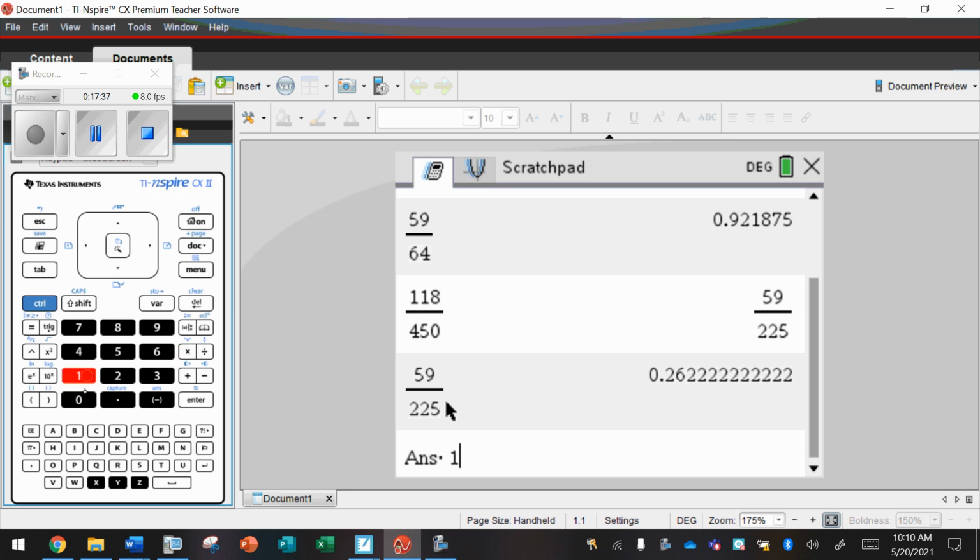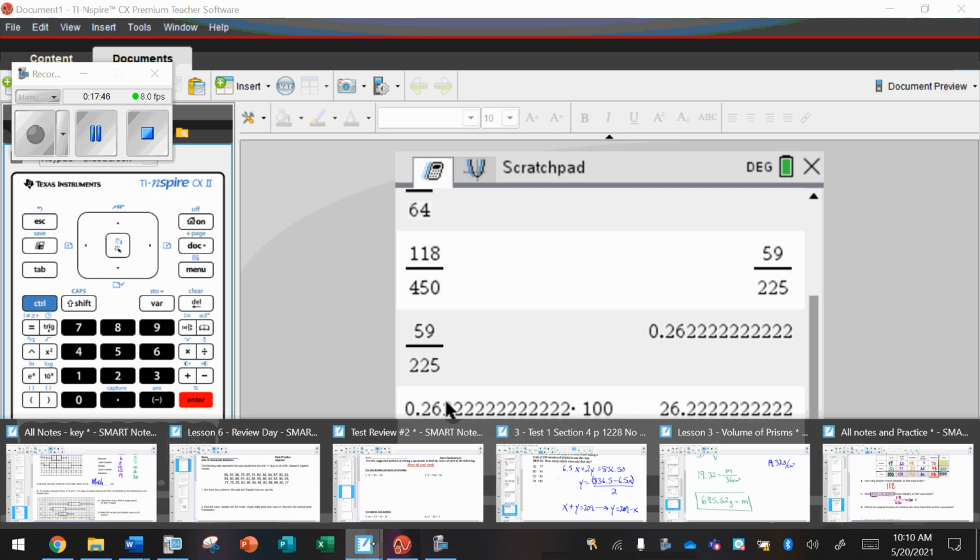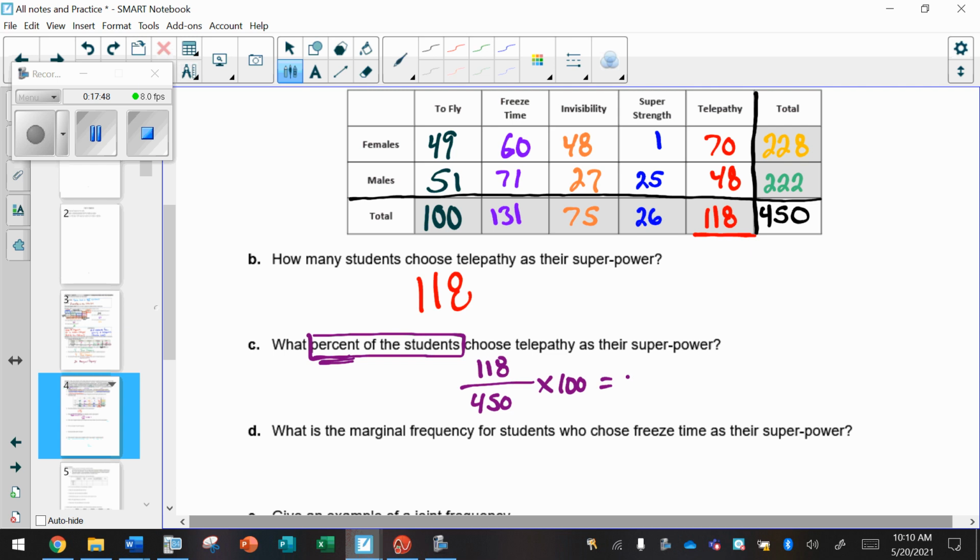Then we'll do times 100 to convert that decimal into a percentage, and we are going to write our answer as 26.2%. A quarter would be 25%, like 25 cents. So this is just over a quarter of the people who would choose telepathy, the read minds, as their superpower.